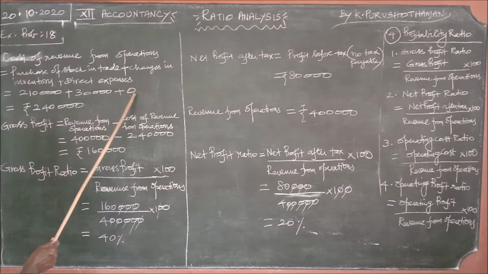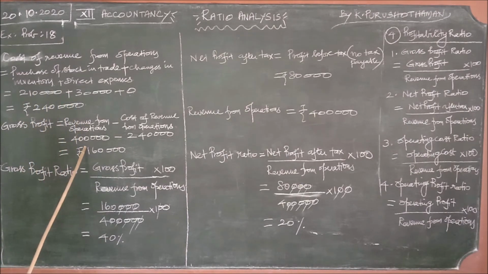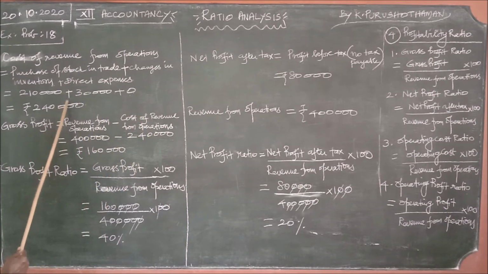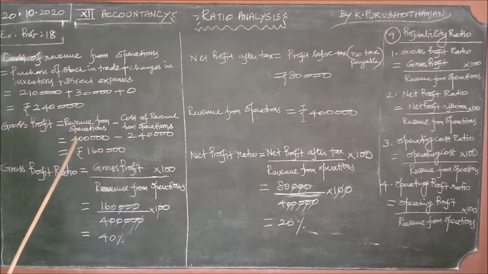No direct expenses is given, therefore it is 0. Therefore it is 2,40,000. So revenue from operations 4 lakhs, straight away given. Cost of revenue we have calculated and found out, that is 2,40,000. So 4 lakhs minus 2,40,000 is equal to 1,60,000. This is the gross profit.